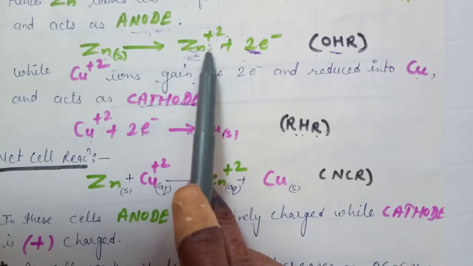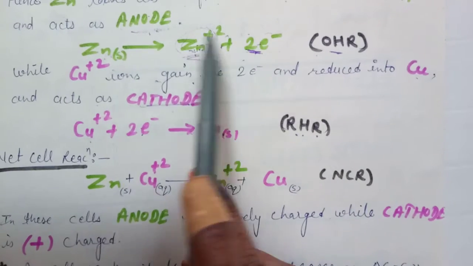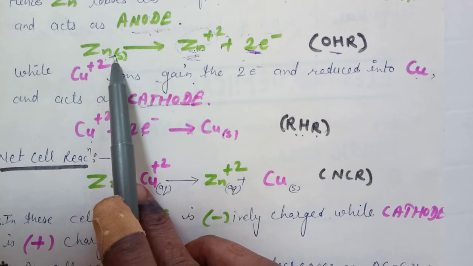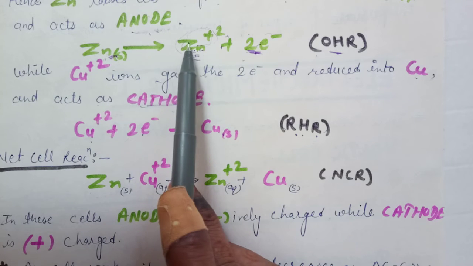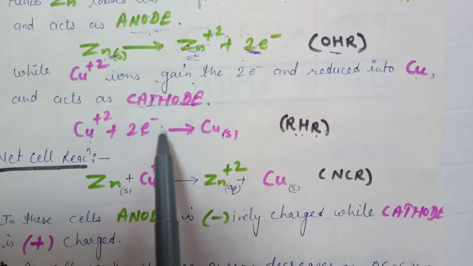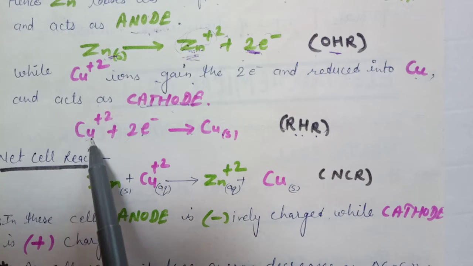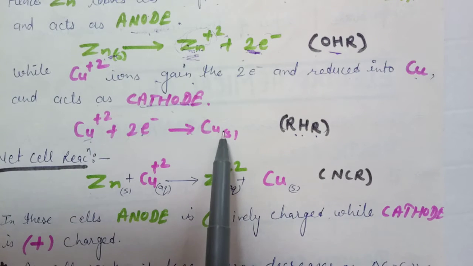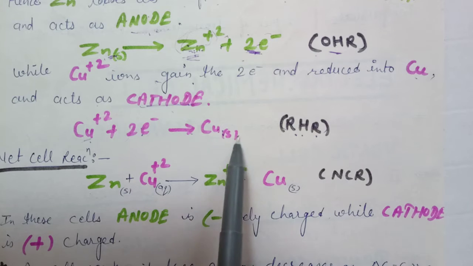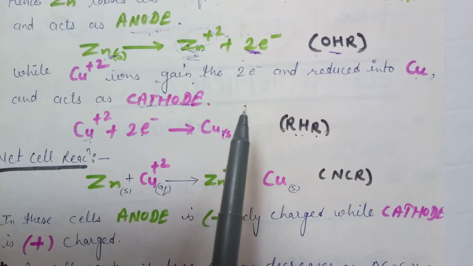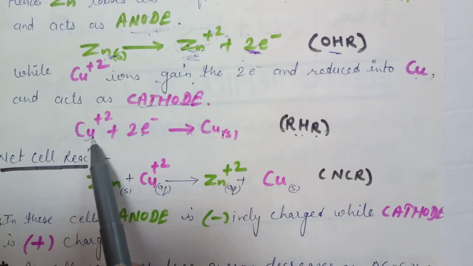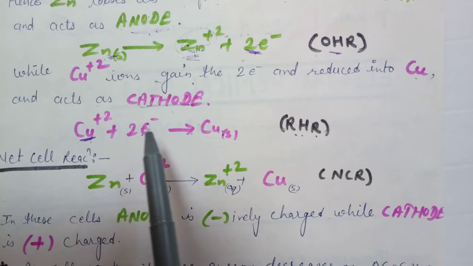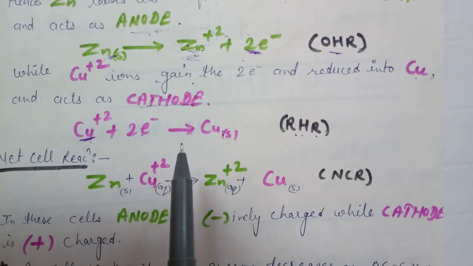The electrode, or we can say the rod, will dissolve into the solution. At the cathode it is the opposite process. The Cu+2 ions from the solution are reduced to Cu, meaning the cathode rod will become thicker again and again, and the concentration of Cu+2 ions will decrease in the solution.